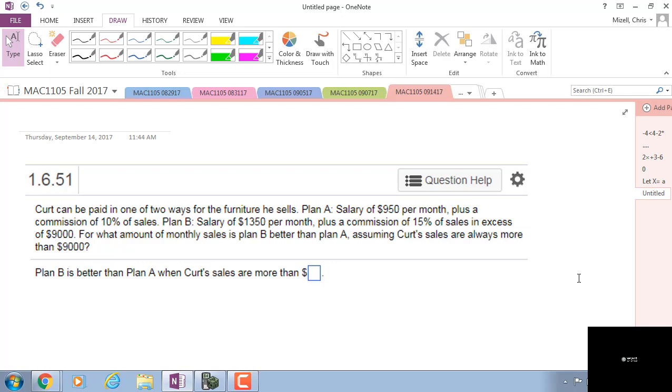Evidently, since it involves 15% at some point, if he sells enough, 15% of sales in excess of $9,000 plus the $1,350 is going to be more than 10% plus the $950. Plan B is better than Plan A when Kurt's sales are more than how much?